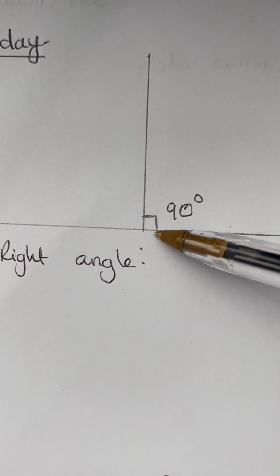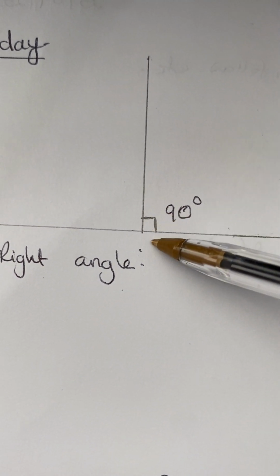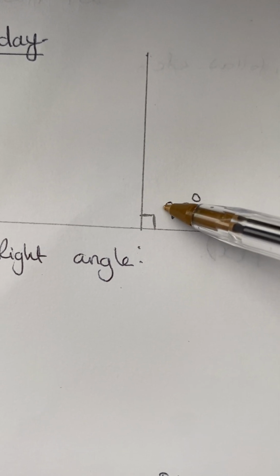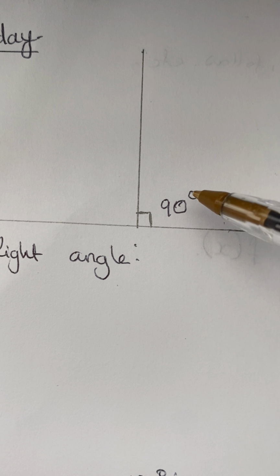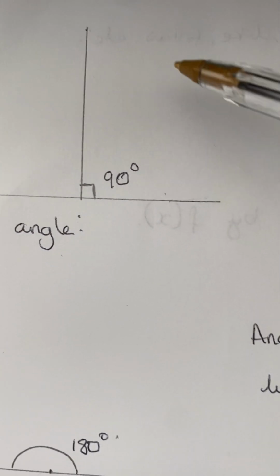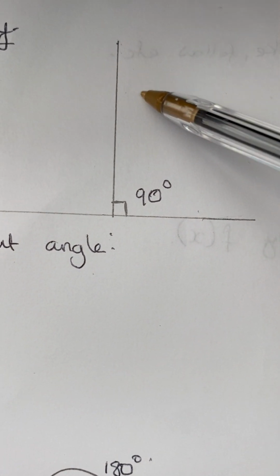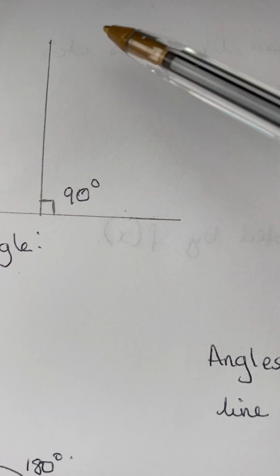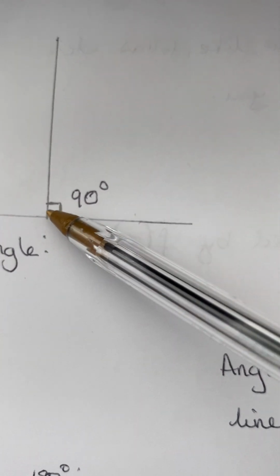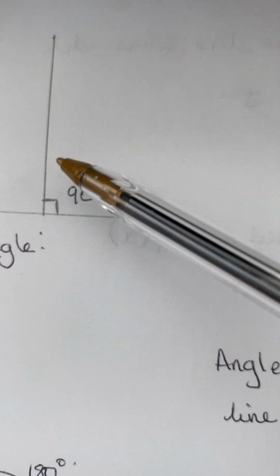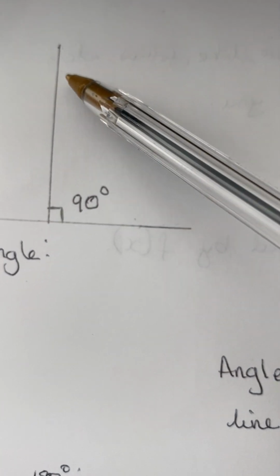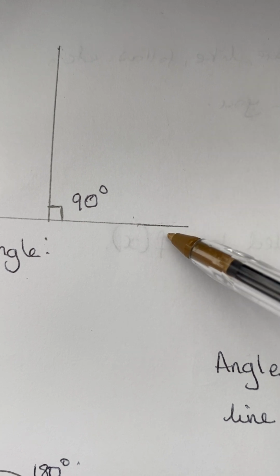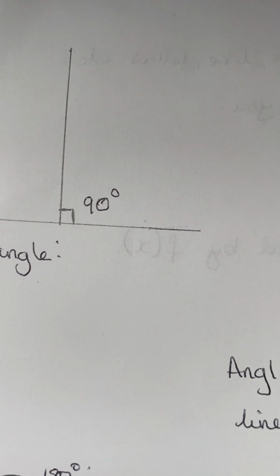This is the sign. So immediately you see this sign, even if they don't write the 90 degrees, you should know that it's 90 degrees. So if they gave you an angle this way, that way, if this is 90, the whole angle should add up to 180. So the top and the down part will be 45 each.